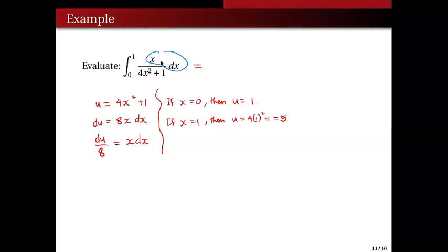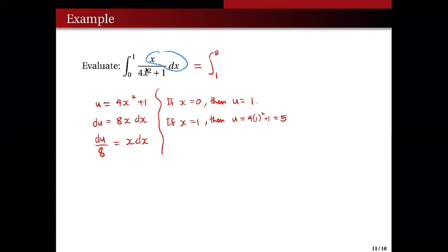This definite integral, take note, is now equal to the integral. x equals 0 here is the lower limit of integration. The corresponding value for u must also be the lower limit of integration. So we put 1 here. x equals 1 is the upper limit of integration, so the corresponding value must also be in the upper limit of integration. So this is 5 here.